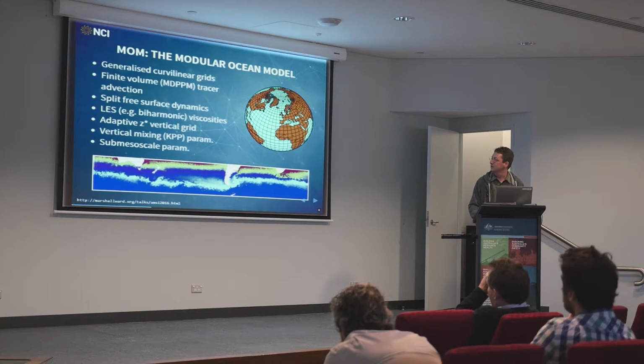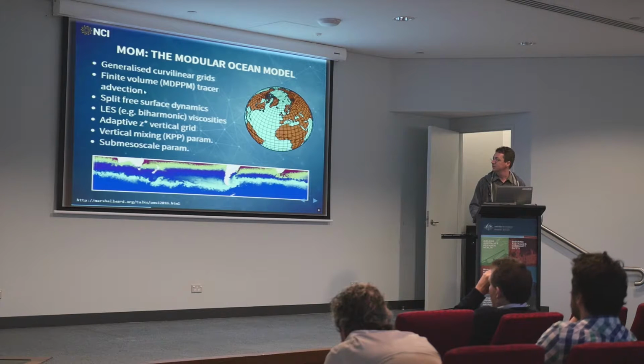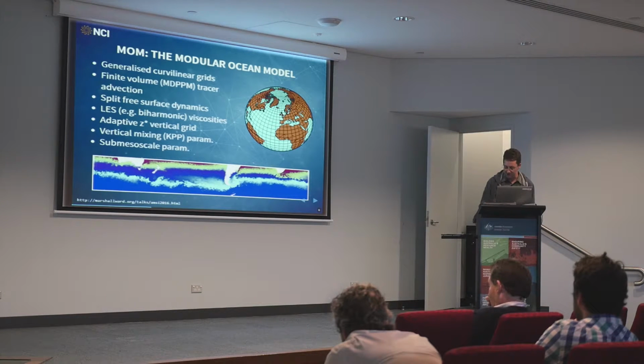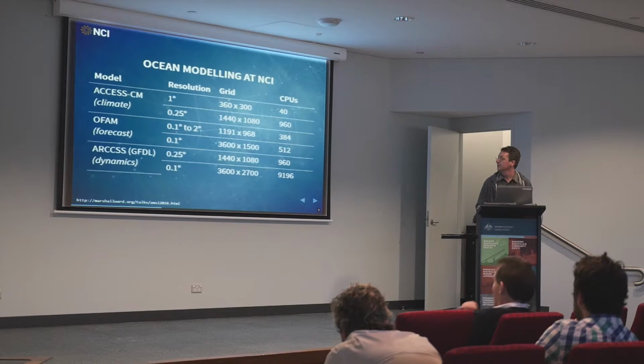And it uses pretty advanced finite volume advection. These are very computationally expensive. It also allows for an independent resolution of the free surface. And we also have various parameterization schemes. We don't call them LES in oceanography, but that's basically what they are. And I won't go into all this, but it's a fancy model with a lot of things.